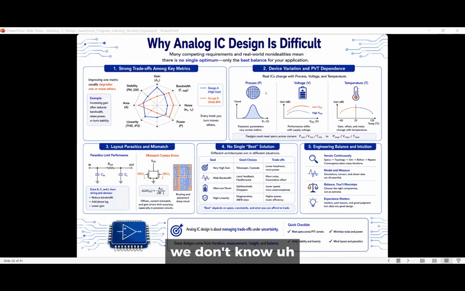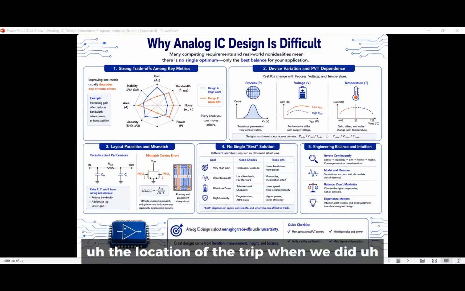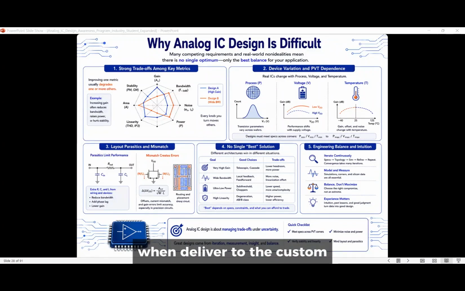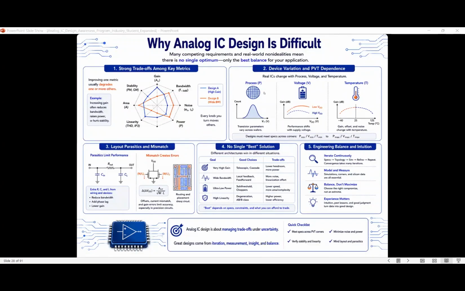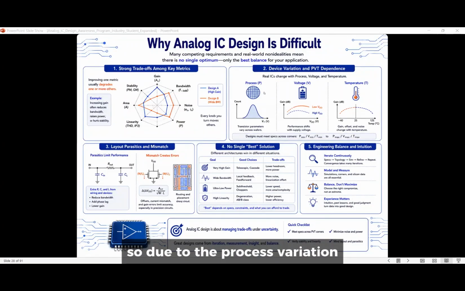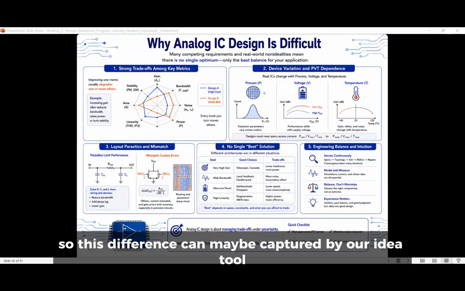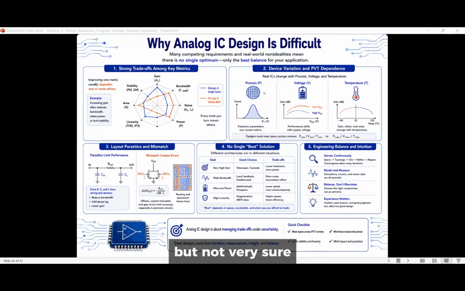We don't know the location of the chip when delivered to the customer, whether the chip is located at the edge or at the center. Due to the process variation and also the manufacturing control, their characteristics may be different. This difference may be captured by our EDA tool, but not very sure.